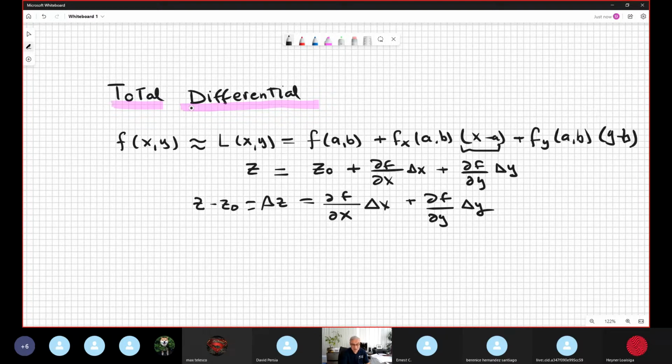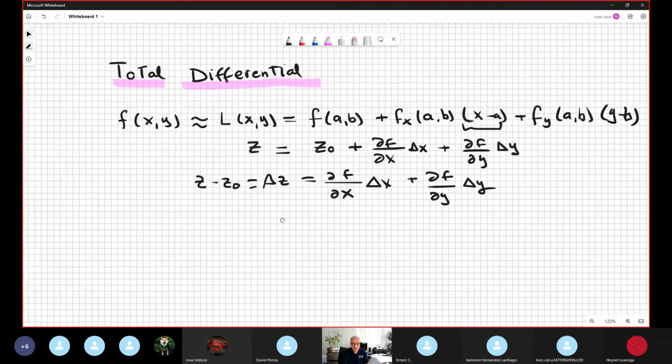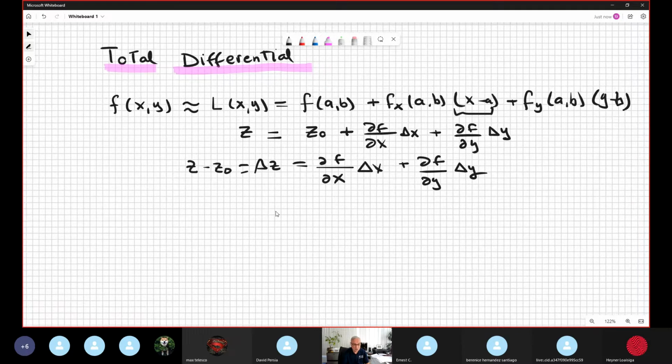And this formula we can extend not only to three dimensions but to multiple dimensions. Suppose we have a function w that depends on x, y, z. In that case, x, y, and z are independent variables, and w is the dependent variable.